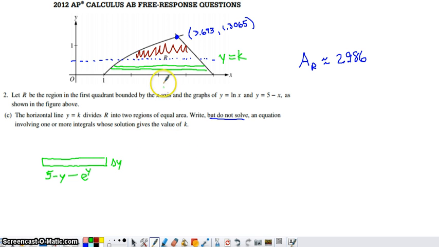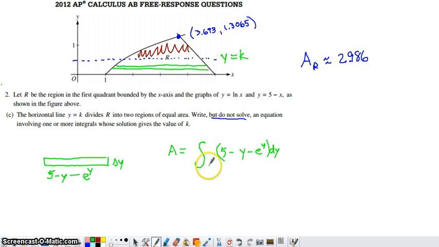So the area that's in green would be found by taking the integral of this expression, 5 minus y minus e to the y, with respect to y, and then we'd have to figure out what to put as our limits of integration.